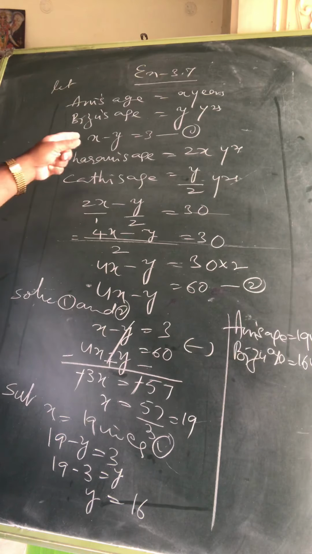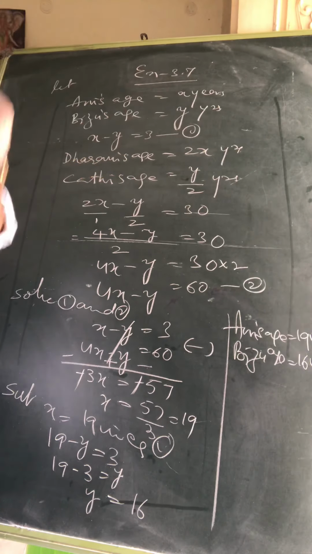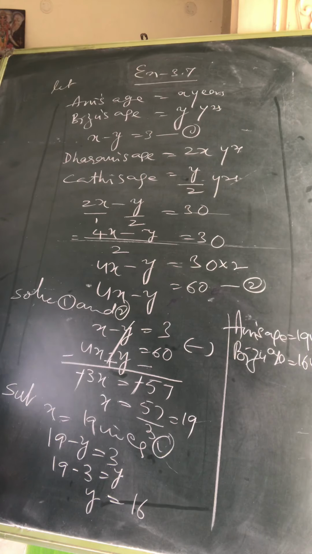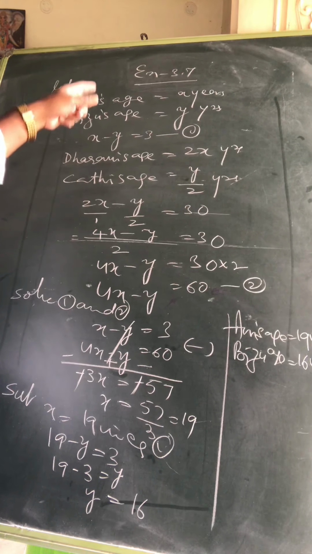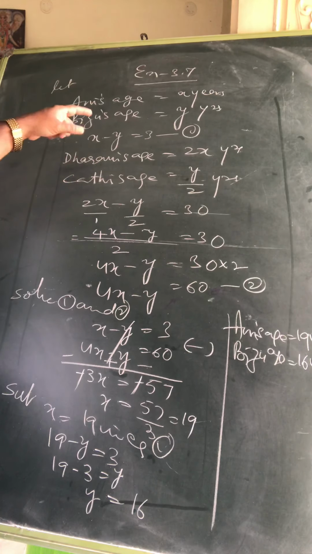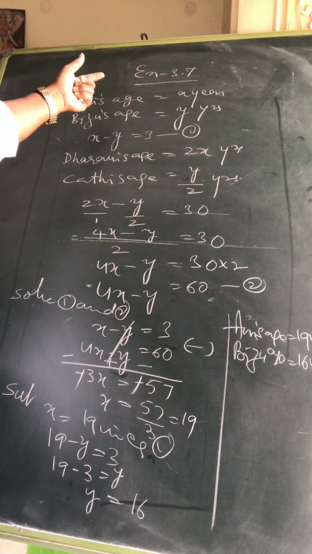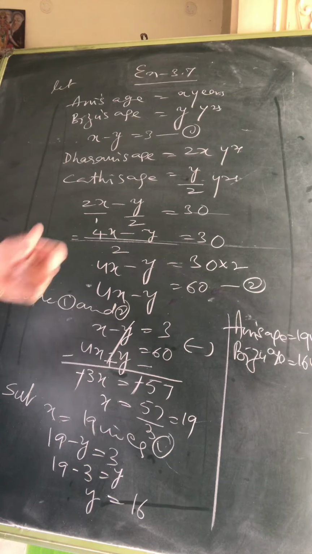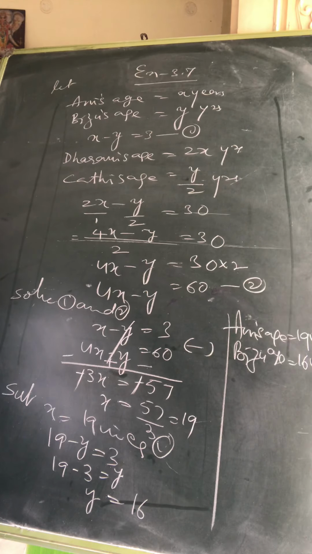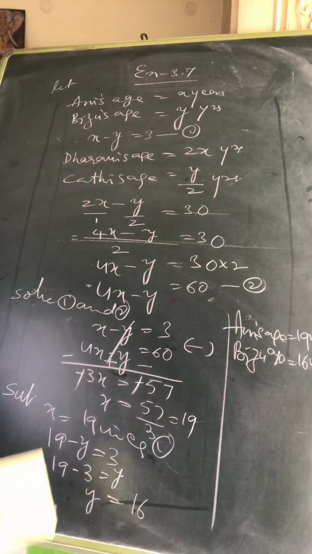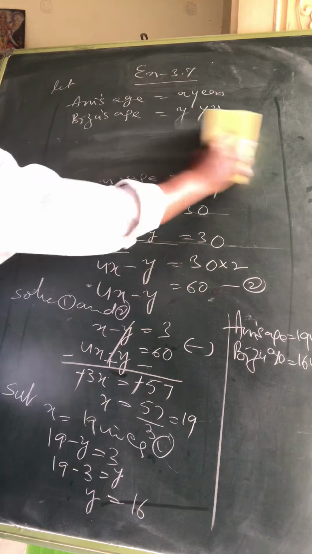That is why we got x minus y is equal to 3. So now we can take Baiju is older than Annie. Then the problem will be changed. So in these cases, two answers will be there. So in the other case, in the other way we can solve it.